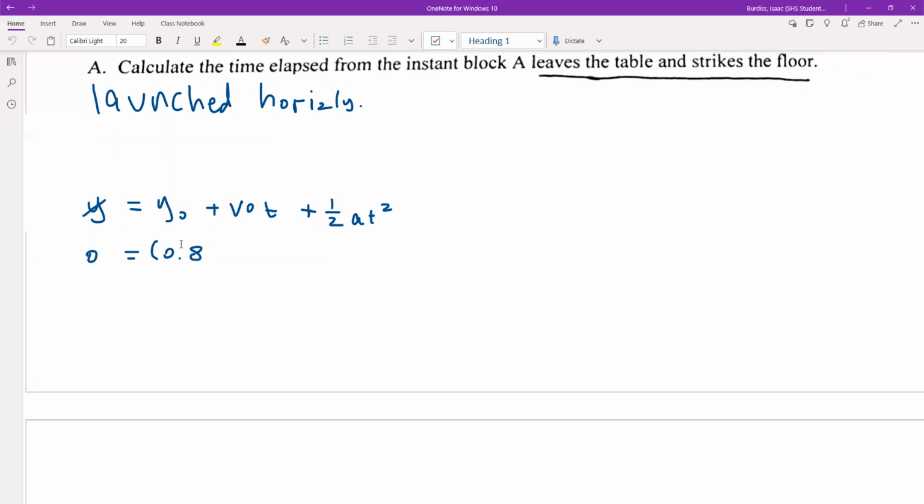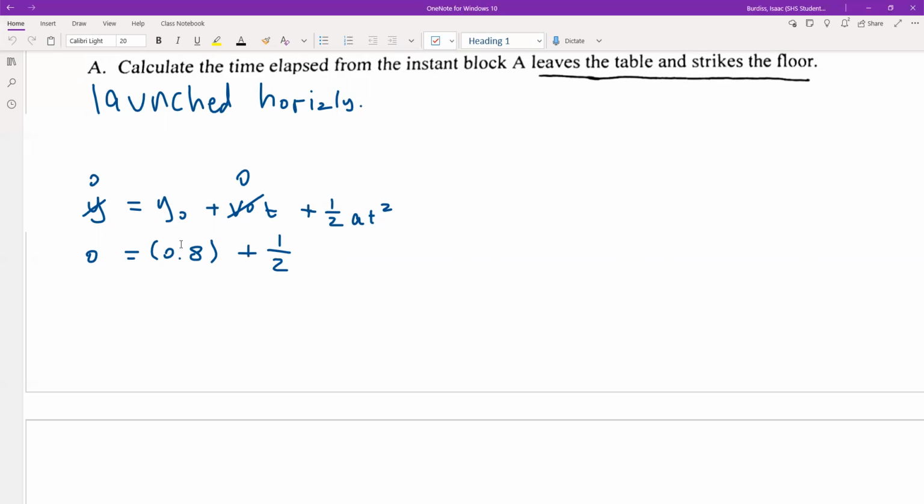The initial velocity when it leaves the table is not 0, but it is 0 when it's at the maximum displacement. And so the initial velocity there would be 0 for this case. So we can cross out that term since it's 0. And then plus 1/2 times acceleration.